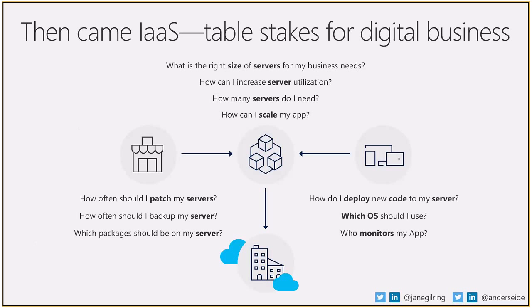There's still a huge set of questions that we also have to handle, like how should we do patching, and what kind of packages and applications should be running on a server to be able to host application code, and not least how many servers should I have, how should I scale them, and which OS should I be using, and so on and so on. So although it became much easier and a much clearer picture when we are working with infrastructure and architecture, there's still a lot of hassle to make it work perfectly.